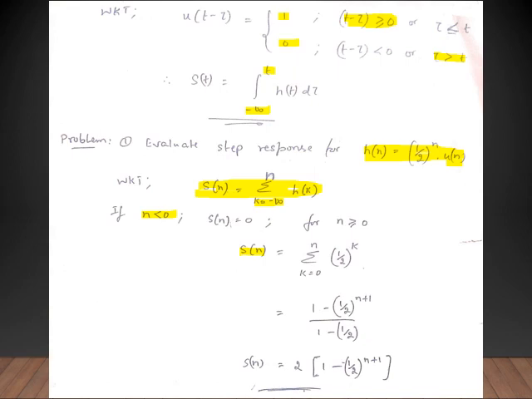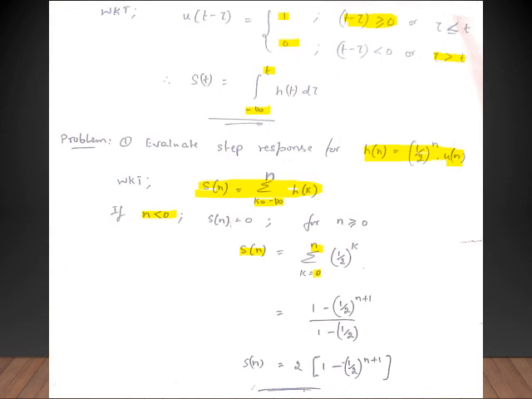And u of n minus k is equal to 1 over the range 0 to n. So this is the summation from k equal to 0 to n of alpha to the power k.